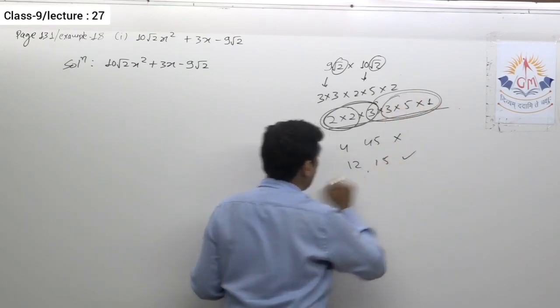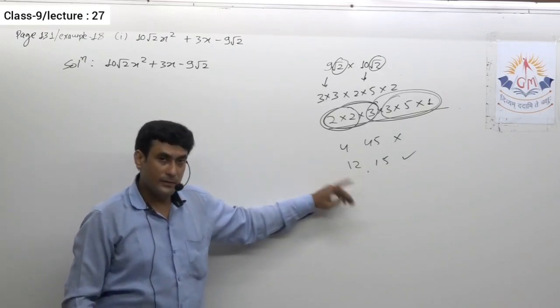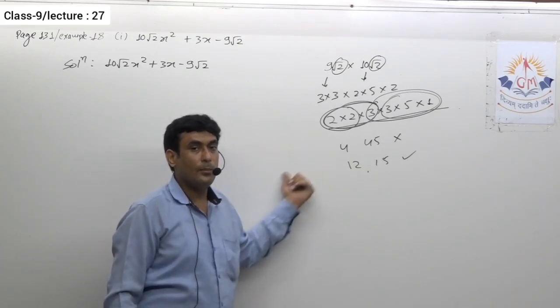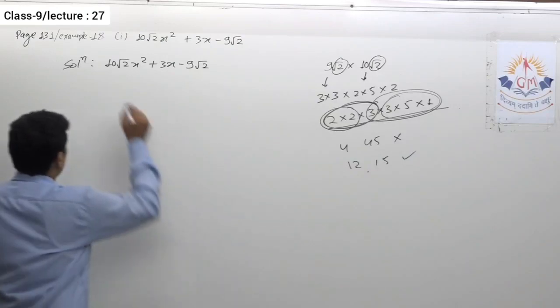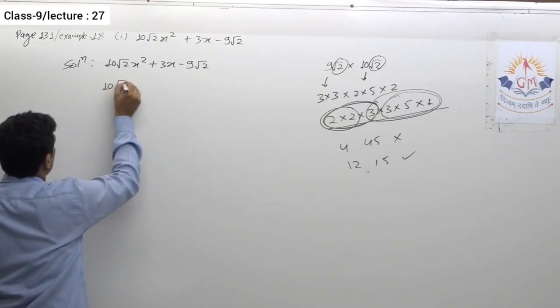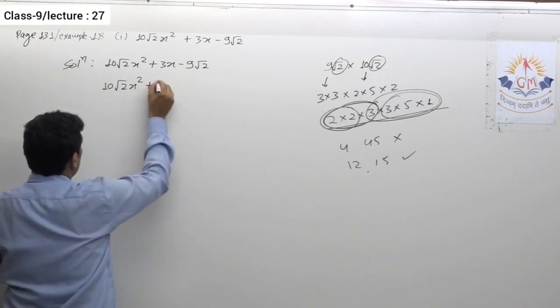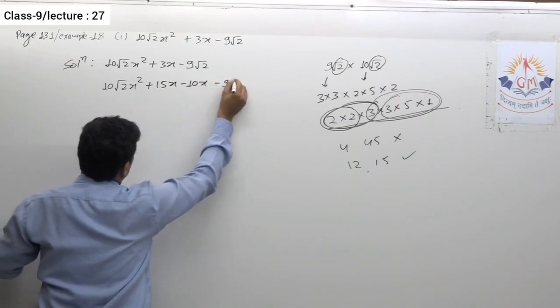Definitely it might be correct. I am not sure, but it might be correct because the difference is at least 3. Now the next thing we will check by taking the product of the two terms. So here I write 10 root 2 x square, and in place of 3x I write plus 15x minus 12x minus 9 root 2.